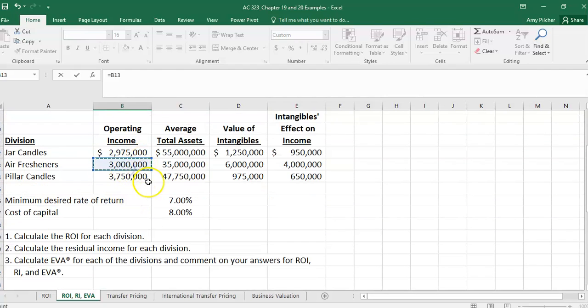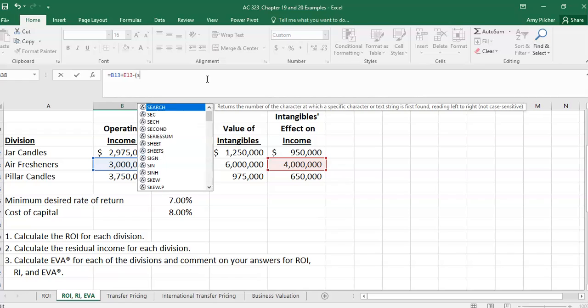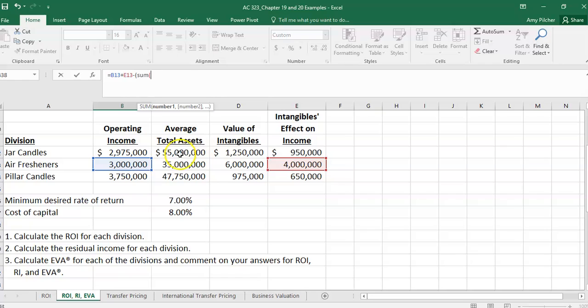So we take the operating income plus the intangibles effect on income minus the sum of our average total assets and value of intangibles times the cost of capital.